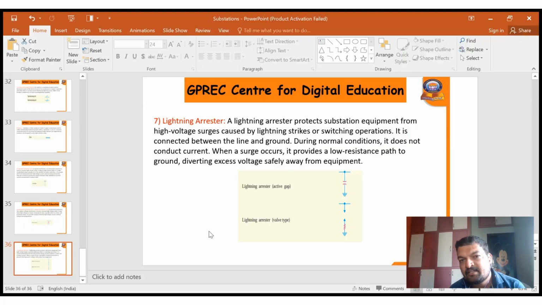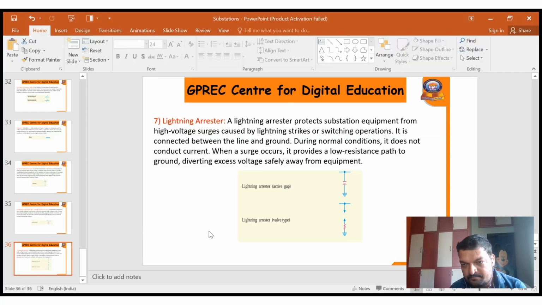It is connected between the line and the ground. During normal conditions, it does not carry current. When a surge occurs, it provides a very low resistance path so that it diverts the excess voltage safely away from the equipment, not causing any damage. That is the main function of the lightning arrestor.